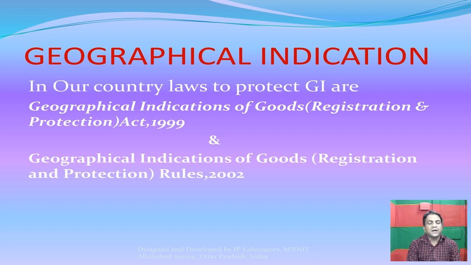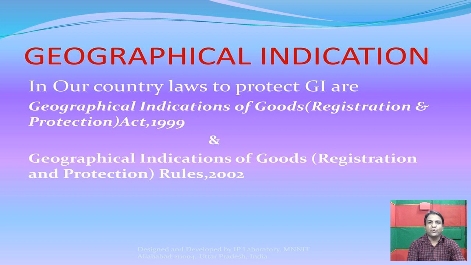then basmati rice. After these cases, the Indian government, to prevent unfair exploitation, realized the importance of having comprehensive legislation for the registration and providing adequate legal protection to GI. So Parliament enacted the Geographical Indications of Goods (Registration and Protection) Act 1999, which came into force with effect from 15 September 2003.